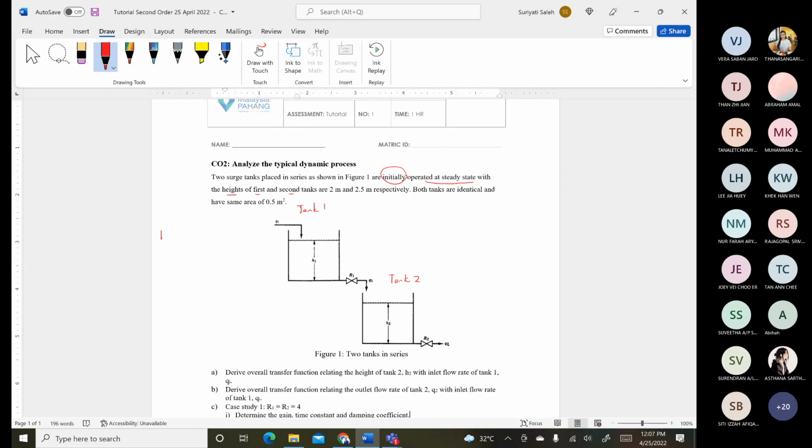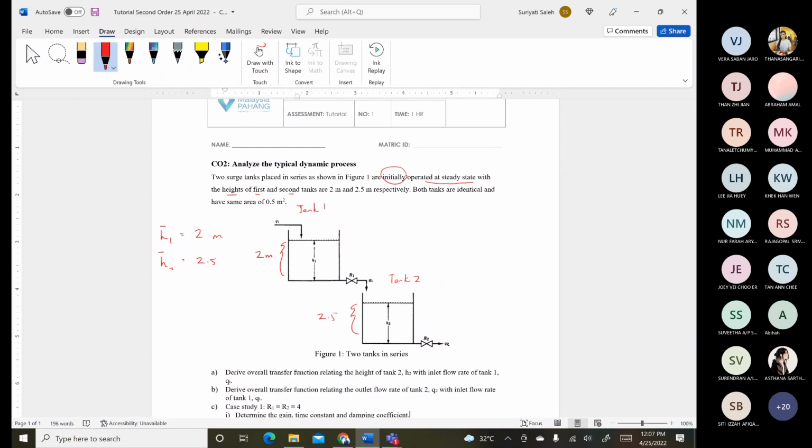That means the H bar for tank number 1 will be 2 meter, and the H bar for tank number 2 is 2.5. So this is the height for the first and the second tank respectively.